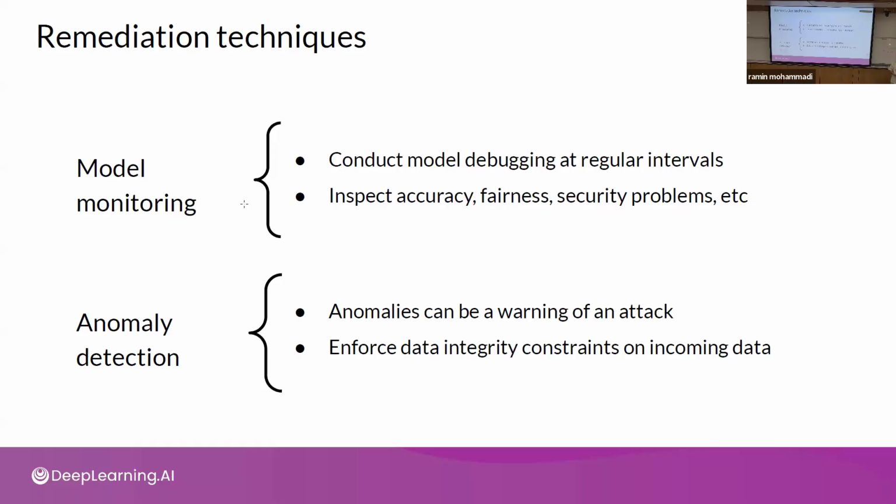Especially when it comes to ML, most of the time anomalies are around your data rather than the model itself, because data is a first-class citizen. Data comes through your pipeline, and it triggers certain anomalies. And sometimes anomalies could be a sign of attack.